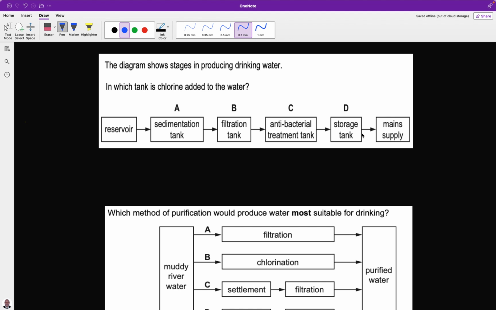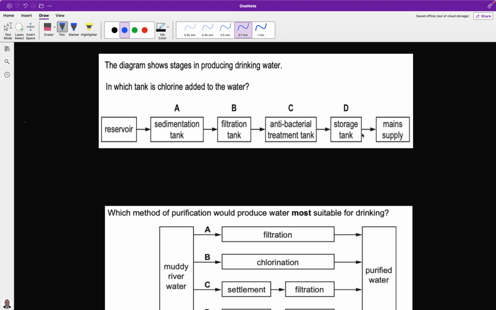The reservoir is water that is coming from collected water that have been taken from different sources. Now it enters into tank A, which is the sedimentation tank. It settles there in different levels. Larger particles, smaller particles. Smaller particles are right down and the larger particles are right up in a segmented form.